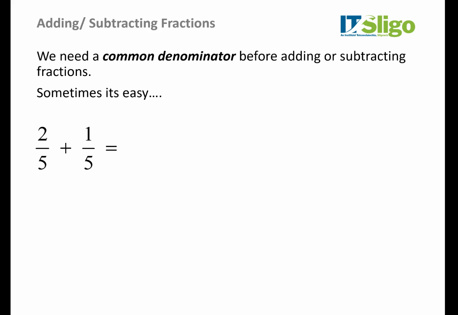If you have 2 sheep and 1 sheep, then you still have 3 sheep, not 3 sheeps. So you only add the top. And once you've got the same denominator, that's what sits on the bottom. So there's our answer. So sometimes it's easy, but most times it's not.